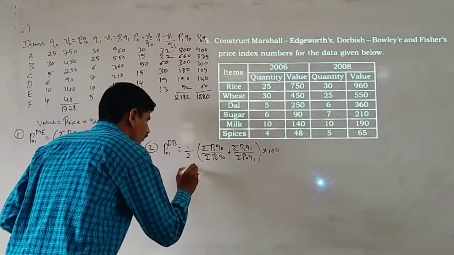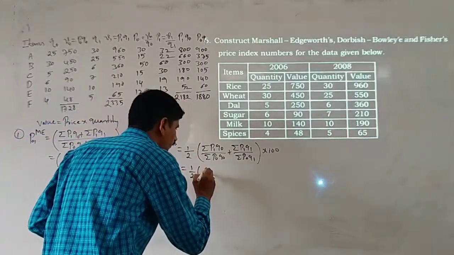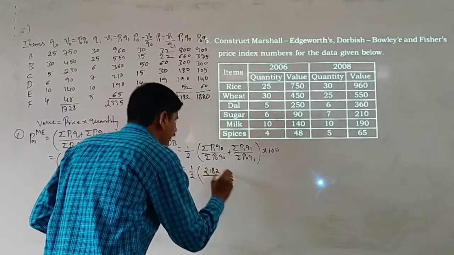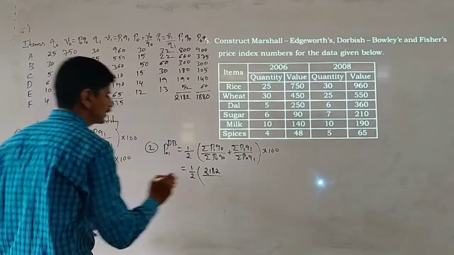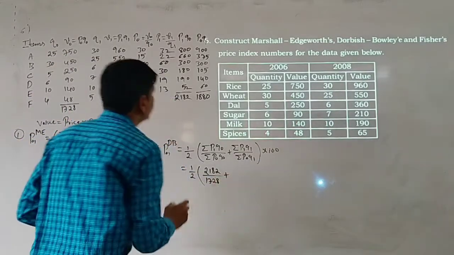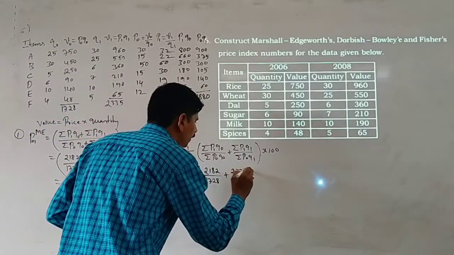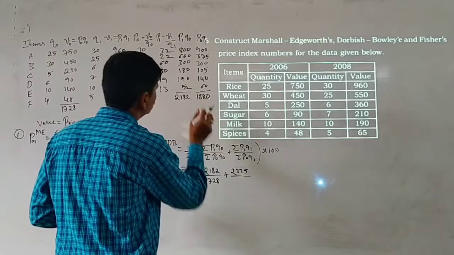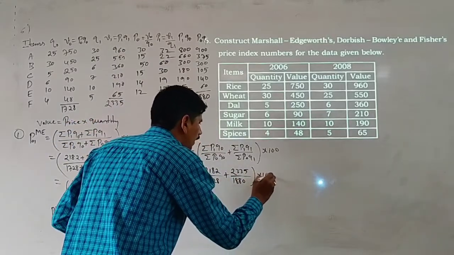Now substitute the values: 1 by 2 into sum of P1 Q0, whose value is 2182, divided by sum of P0 Q0, whose value is 1728, plus P1 Q1, which is 2335, divided by P0 Q1, which is 1880, into 100.